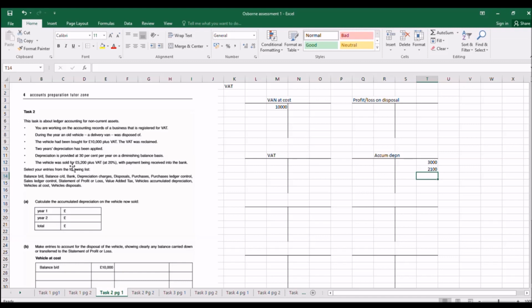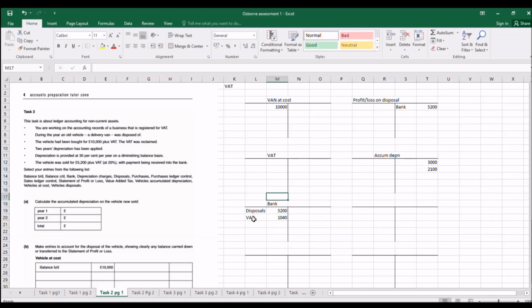On depreciation balance, the vehicle was sold for 5,200 plus VAT, with a payment being received into the bank account. So we've got a bank account in here, and we would have disposals here, which would be 5,200, and we've got debit there, and so we've got credit bank over here, 5,200, and then we've also got debit the bank with the VAT on that.